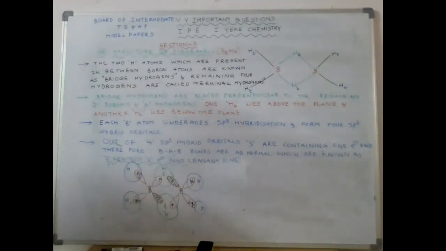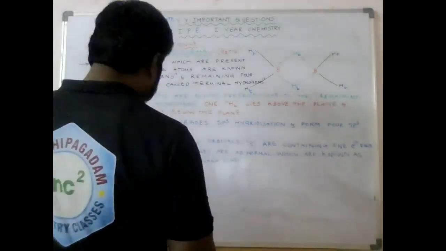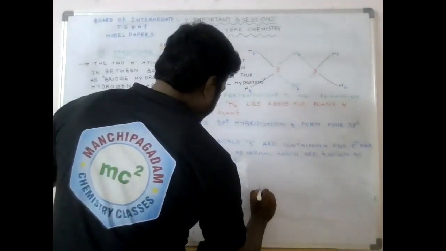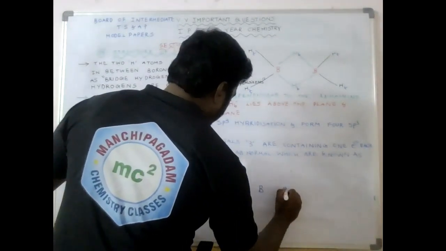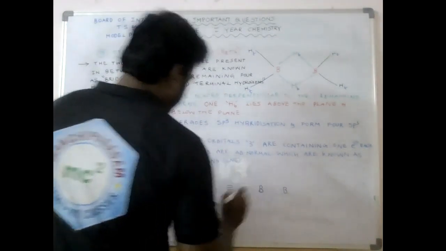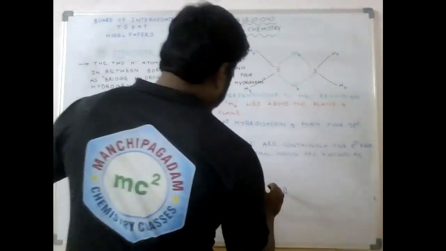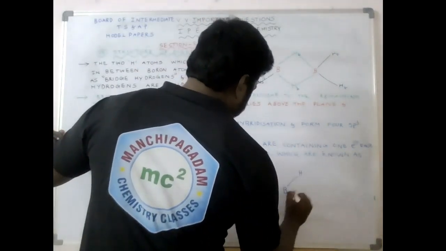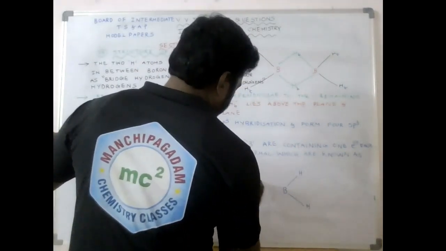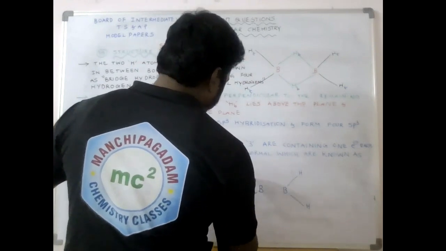That is why this bond is known as a three-centered two-electron bond. Okay, so finally you can write the boron structure. Here hydrogen, here also hydrogen. All four are normal bonds, not abnormal bonds.